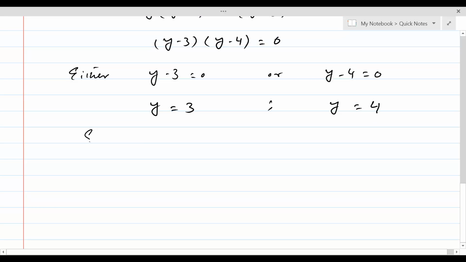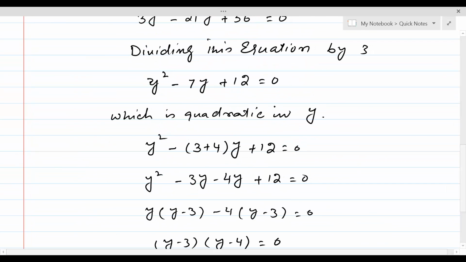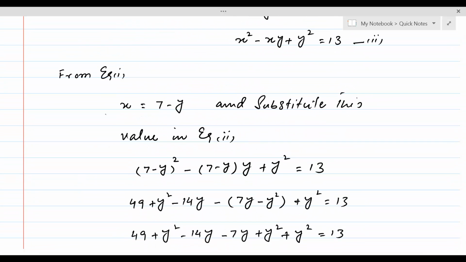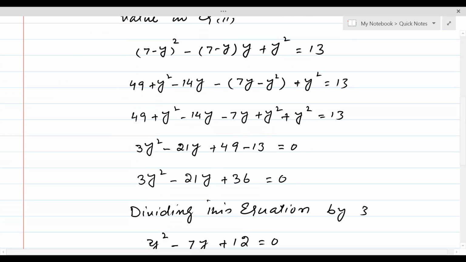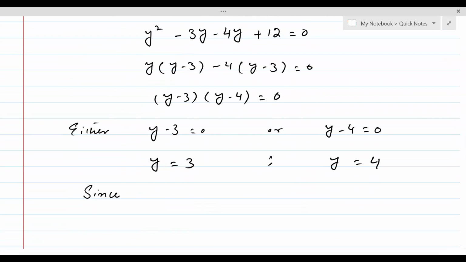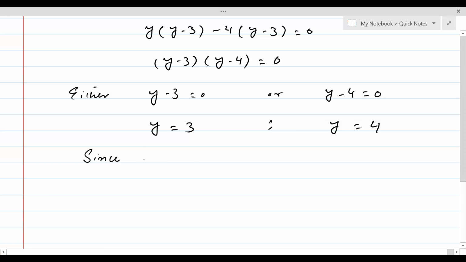Since what was the substitution we made in the start? In the start, this equation which we substituted, let's call this number 3. So from equation 3, x is equal to 7 minus y.